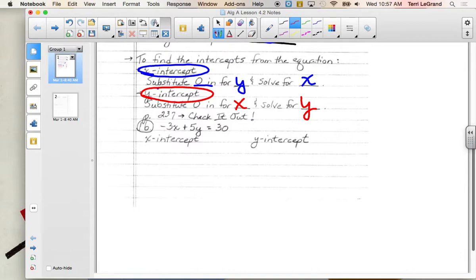Okay, so here's our equation, -3x plus 5y equals 30. Let's start with the x-intercept. Got to put 0 in for y. So -3x plus 5 times 0 equals 30.